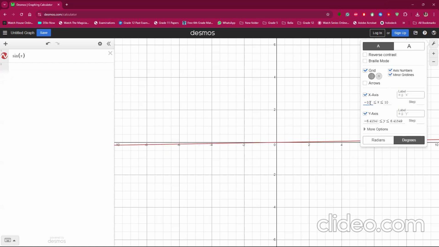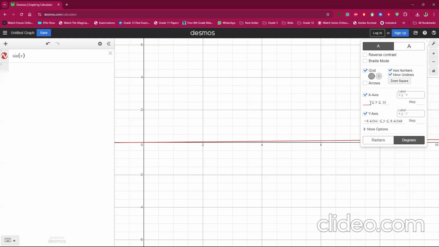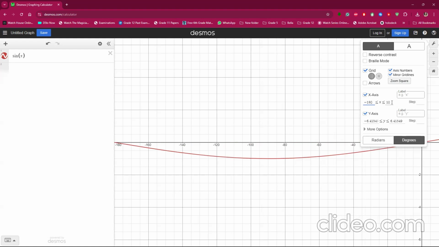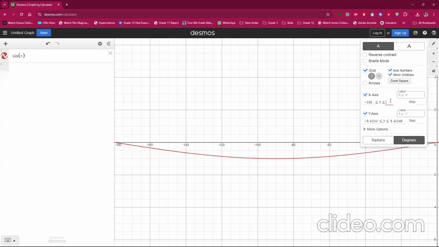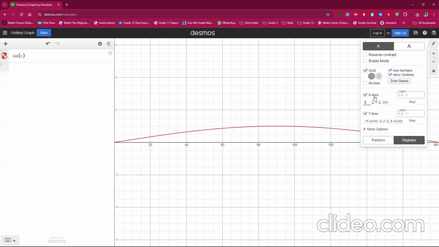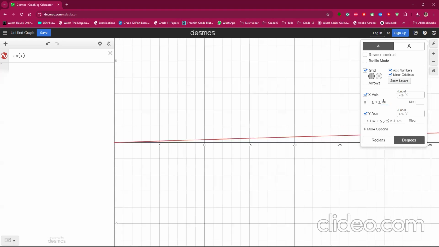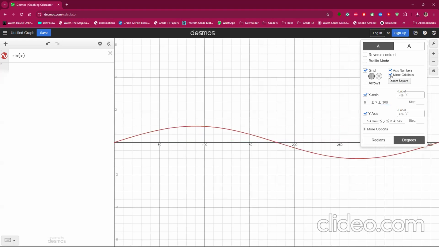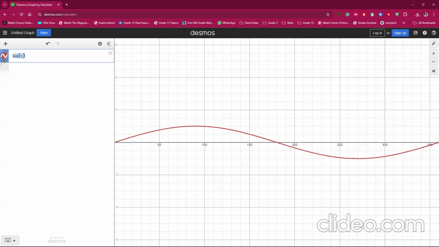And we just want to see a span of, let's say, between minus 180 and 180. Let's actually start with between 0 and 360. Okay, so this is what our normal sine graph looks like.